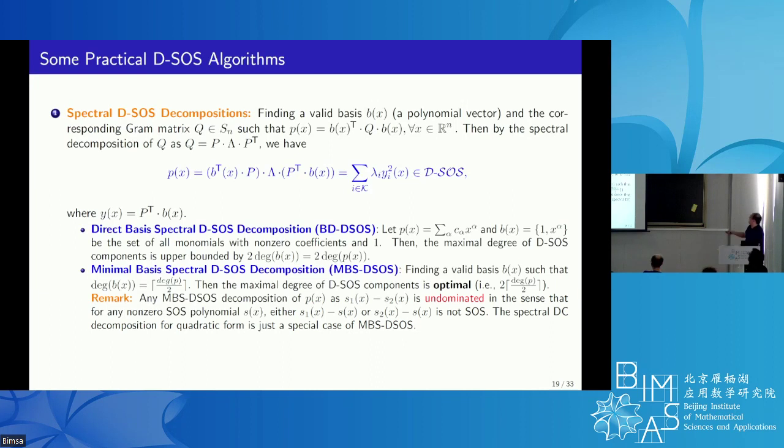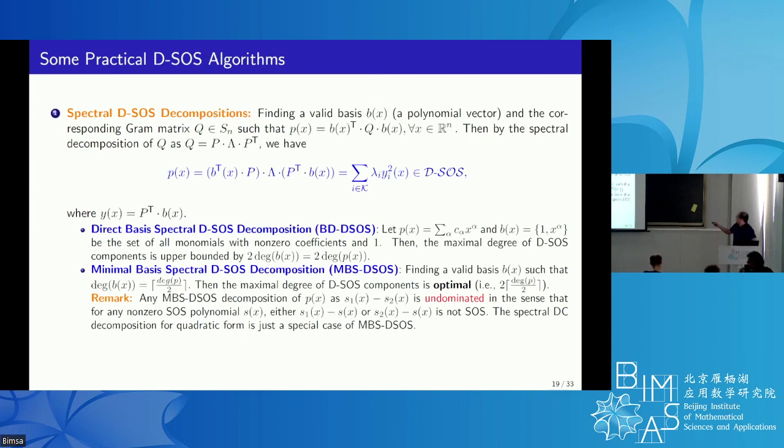The idea is similar. Given a basis B, a polynomial vector, we call it a valid basis if there exists some matrix Q, called a Gram matrix, such that the polynomial P equals this. This is true for every X, meaning that the coefficients on the left side are equal to the coefficients on the right side, which establishes the equivalence.